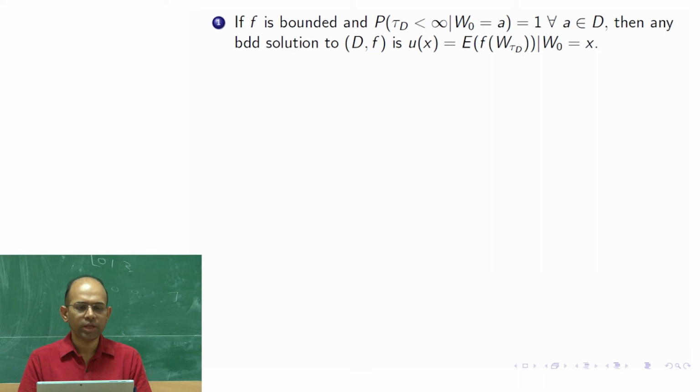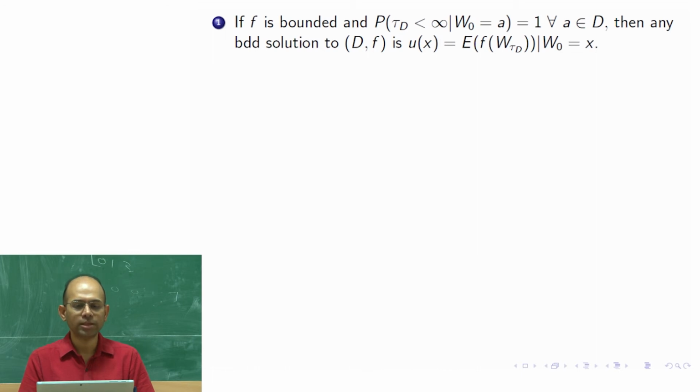Now let us go to even smaller subclasses, some special cases. If f is bounded and the stopping time, or hitting time to the boundary, is finite with probability 1 for all a in D. This is clearly the case when the domain is bounded. If the domain is bounded, the Brownian motion starts here, and of course it touches the boundary after some time; the probability that it never touches and stays there forever is 0.